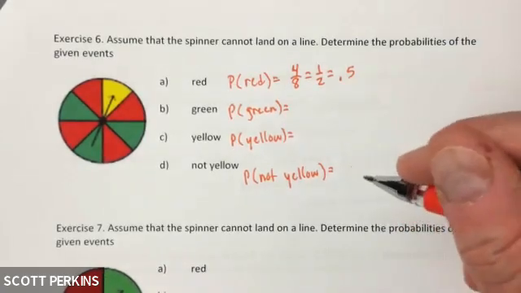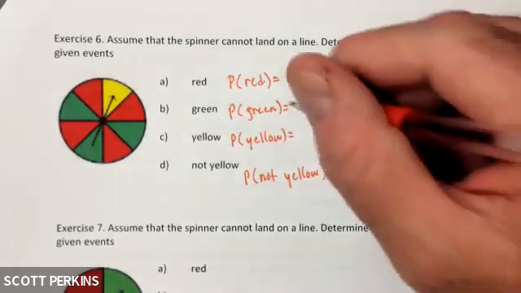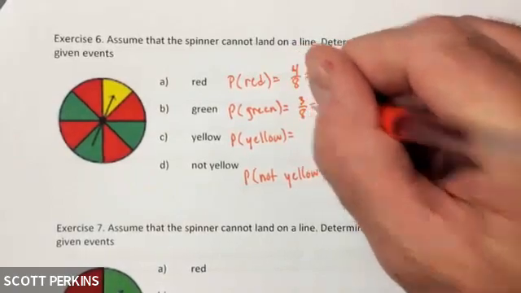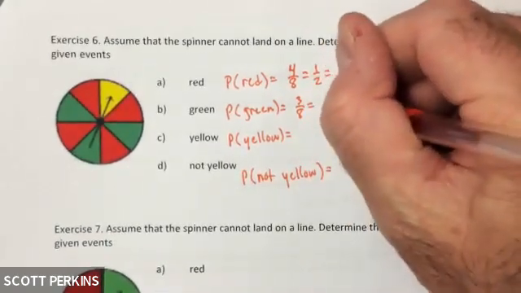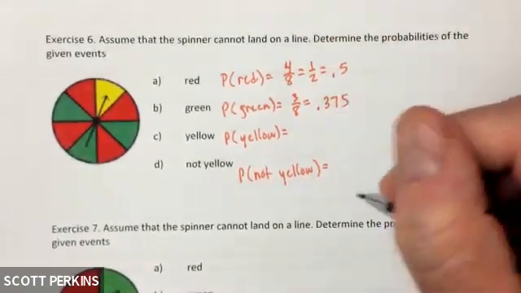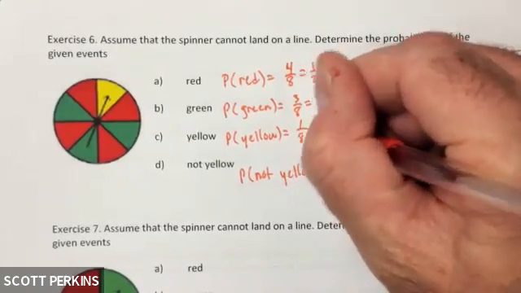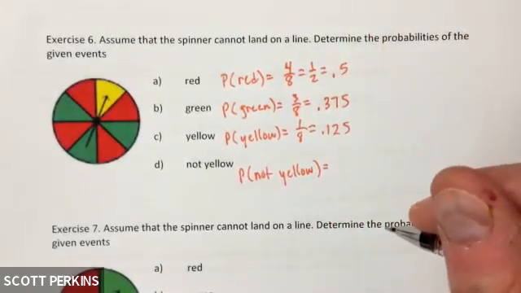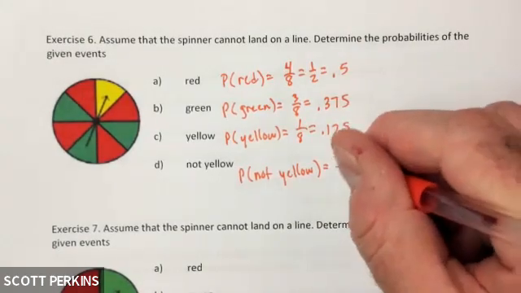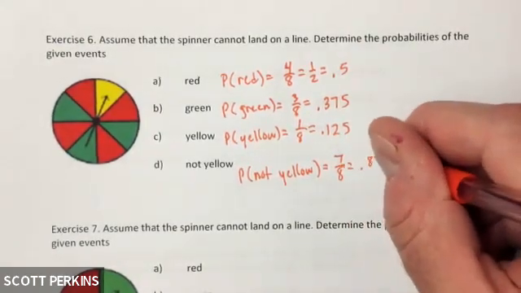How about the green? How many green spaces are there? 3 out of 8, and I'm not even going to pretend to try to do that while I'm talking. That's 0.375. Yellow? Yep, 0.125. And then last but not least, how many not yellow spaces are there? Which is 0.875.